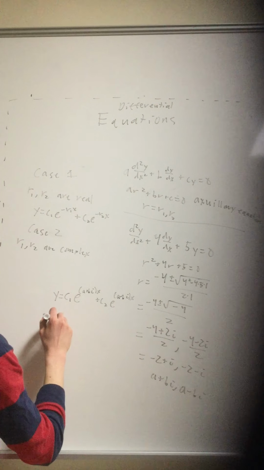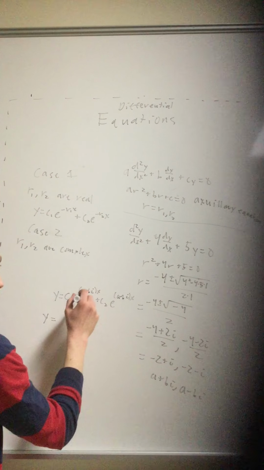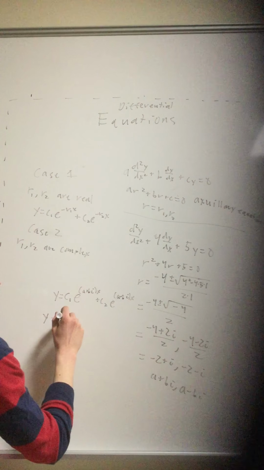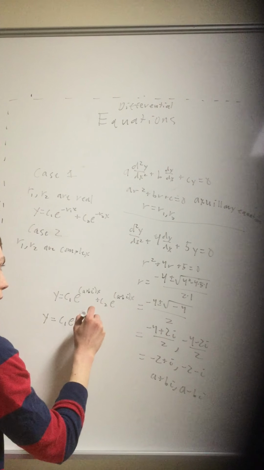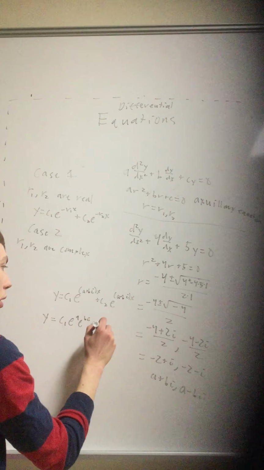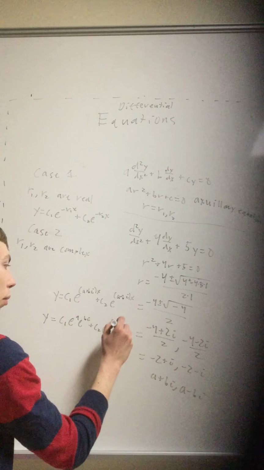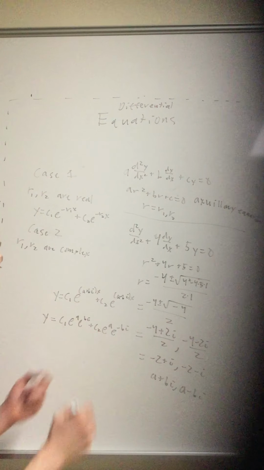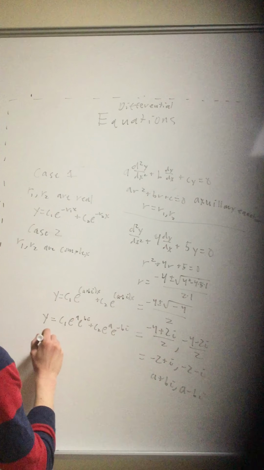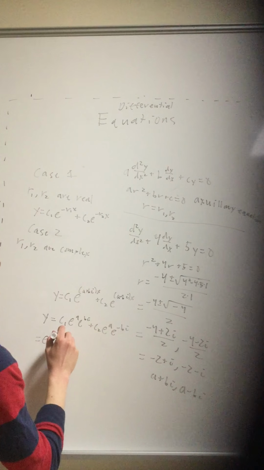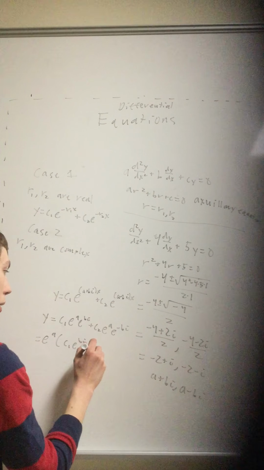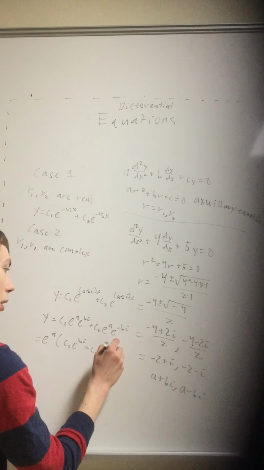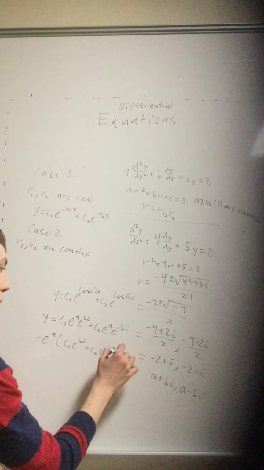Then this is y equals, exponential addition works even when it's imaginary, e to the a, e to the bi. Well, we can factor out e to the a, and now let's use Euler's formula.